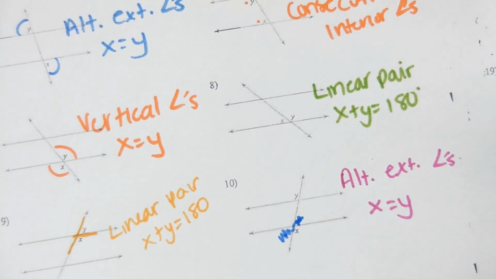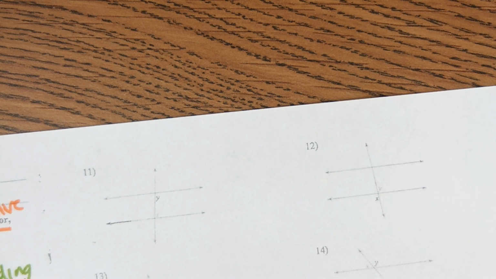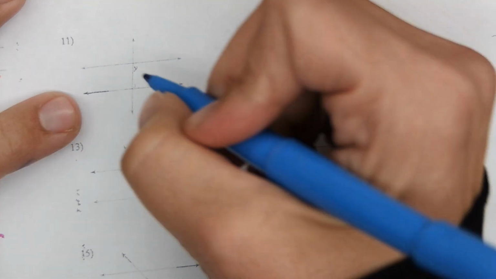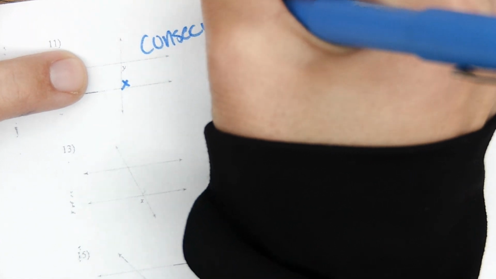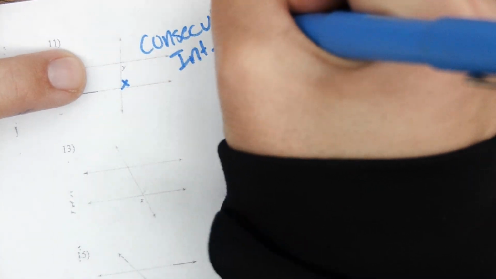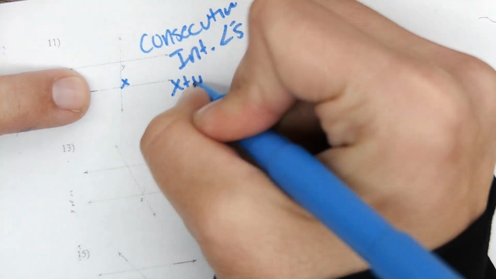Anyways. Okay, so number 11 over here, it shows a little x right here, which didn't print very well. X and y are same side interior, so consecutive interior angles. X plus y equals 180.